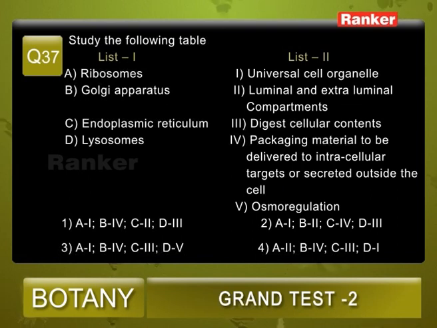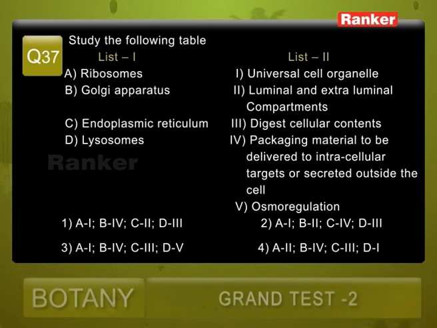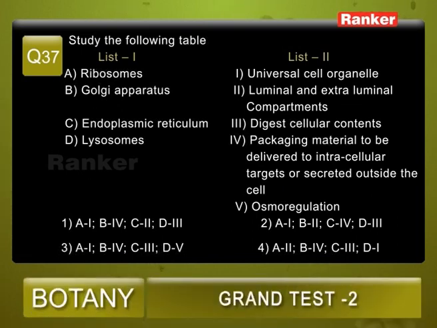Packaging material to be delivered to intracellular targets or secreted outside the cell, 5. Osmoregulation. The correct combination is: 1. A1, B4, C2, D3; 2. A1, B2, C4, D3; 3. A1, B4, C3, D5; 4. A2, B4, C3 and D1.